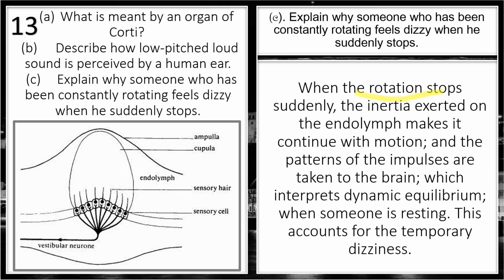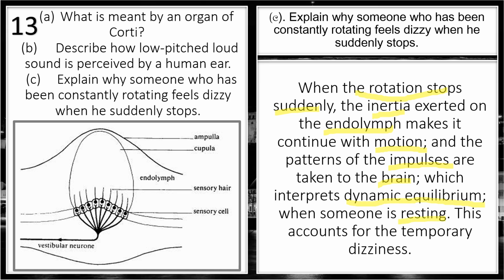When the rotation stops suddenly, inertia exerted on the endolymph makes it continue with motion, and the pattern of impulses is taken to the brain, which interprets dynamic equilibrium even though the person is resting.